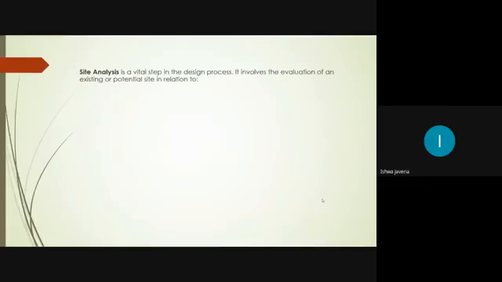Site analysis is a vital step in the design process. I want you guys to know what a site analysis is. When you get to know about the site analysis, then you'll know about the importance of the sun path diagram in our field. Site analysis is a vital step in the design process.